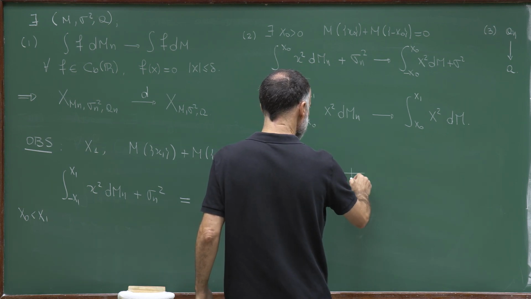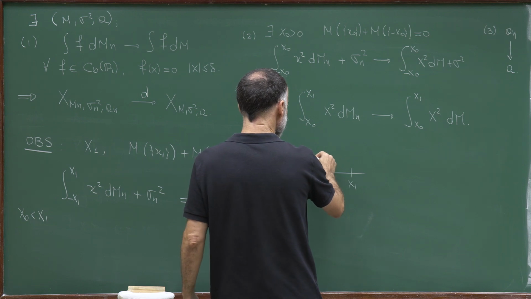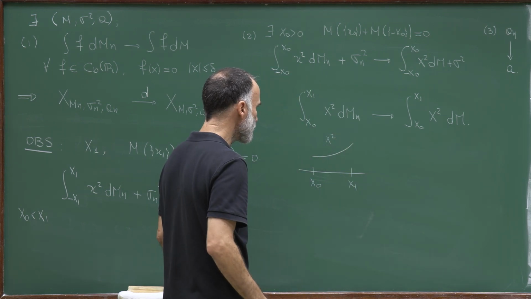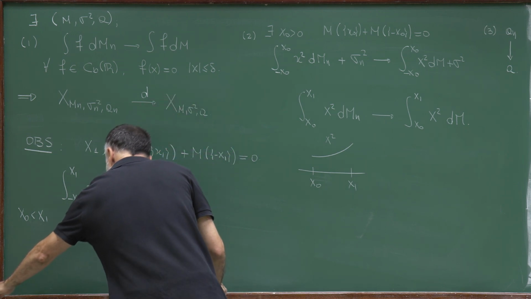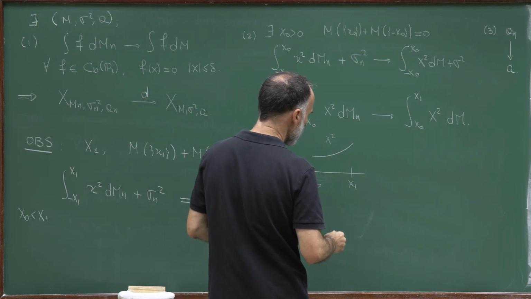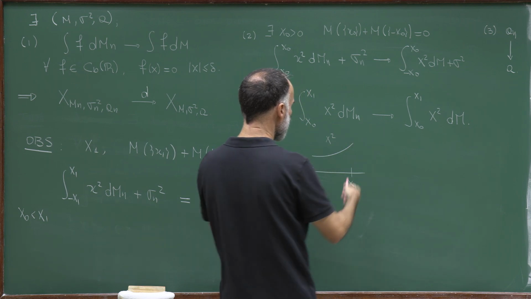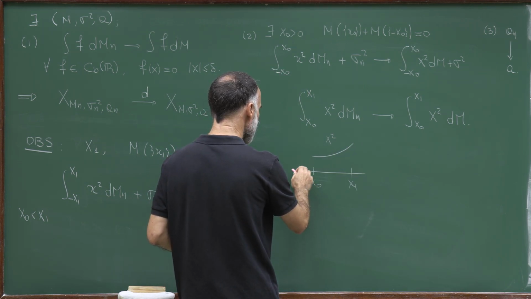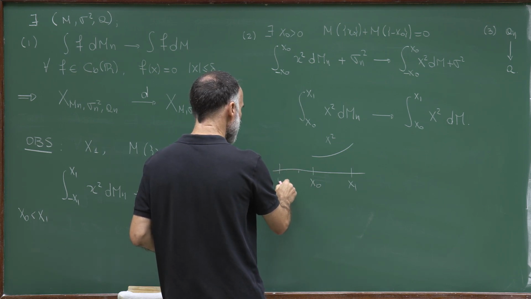Here we have x0, here we have x1, and here's the function x squared between these two points. So what I will do is define two functions, which are continuous. Let's say here's 0.